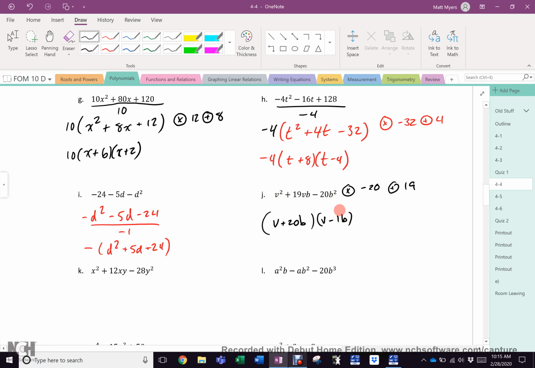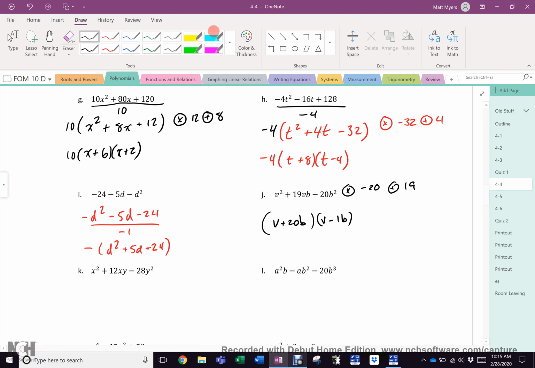So look at K. Is K a problem? No, because it's going to be just X plus or minus something. What am I going to need in the second term of each binomial? A Y. Why will I need that Y? Because I need to make a Y squared, yes?